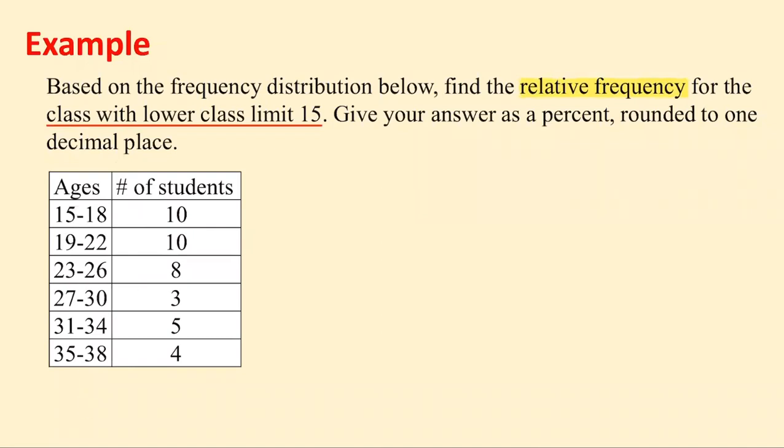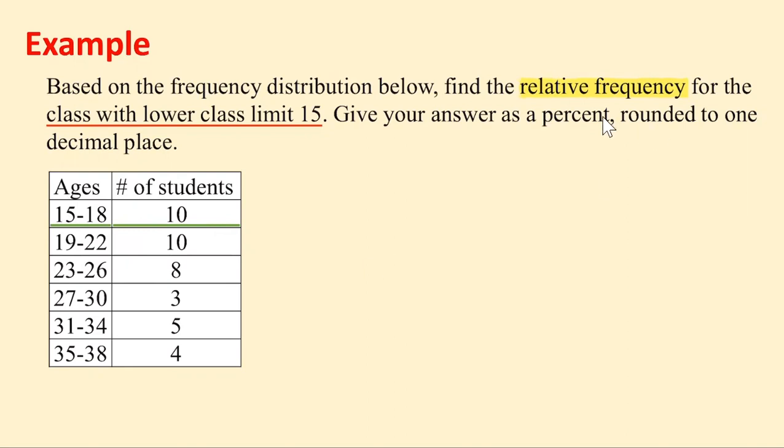If we look here, lower limit 15 is there for the first class. That means we have to find the relative frequency for the first class. That is what we are looking for.